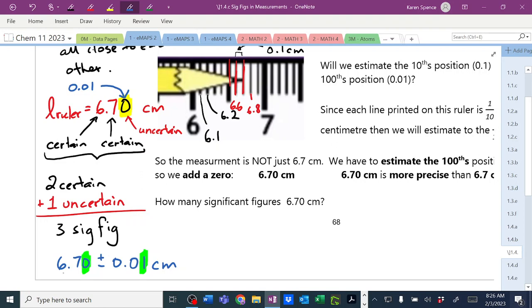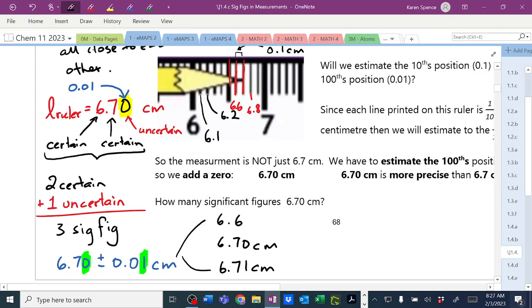Now, if our measurement is 6.70 plus or minus 0.01, that means this measurement could actually be as high as 6.71 centimeters. It could still be our 6.70 centimeters, or it could be as low as 6.69 centimeters.